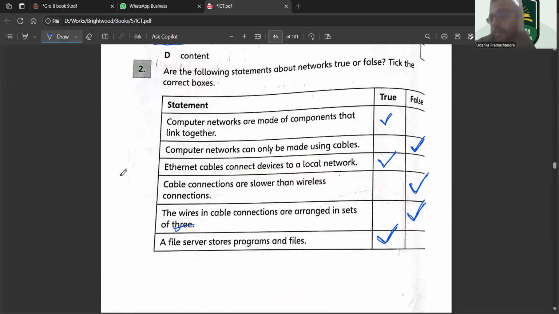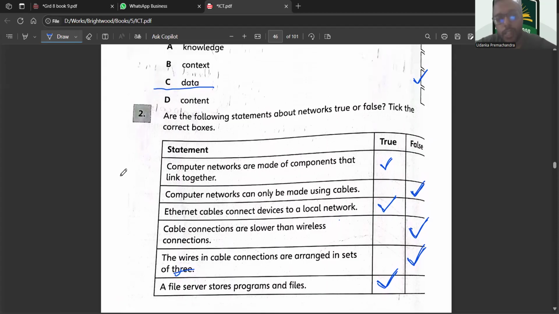Okay, try to fill in the blanks there. Next activity. Write the answers there. First one should be data. Secondly, write the answers.